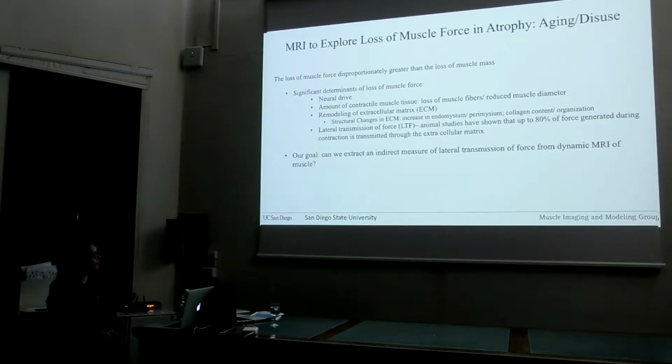Our goal was, can we have an indirect measure of this LTF from the dynamic MRI that we saw before? So what the dynamic MRI gives us is basically the velocity at each point in the muscle as a function of the contractile cycle. You can also derive displacement from that.